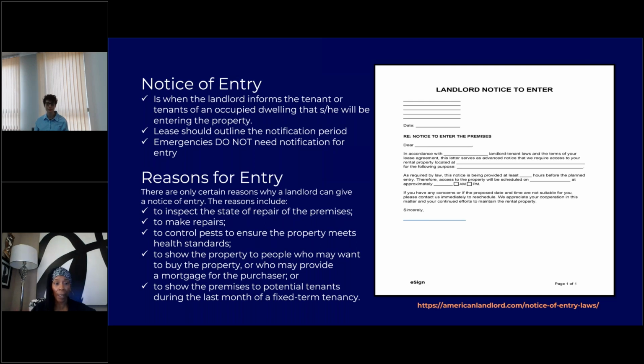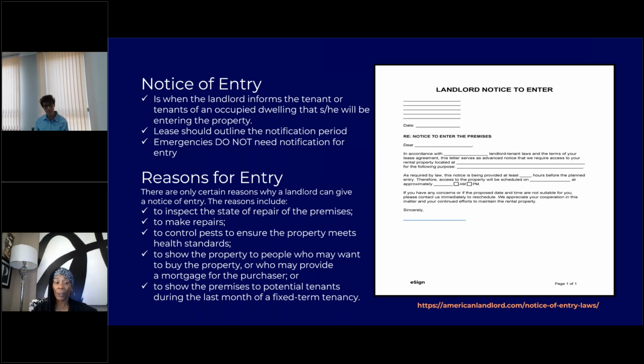So just FYI. And again, I'm going to break down some reasons for this entry to inspect the state. Sometimes they will do this if there's been major work done to the unit and they want to come back to do a follow-up for quality control. I've seen property managers do quality control after the actual maintenance guys, so they will do that for reason for entry.